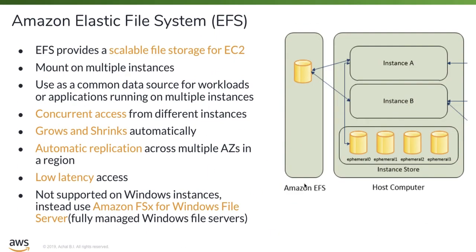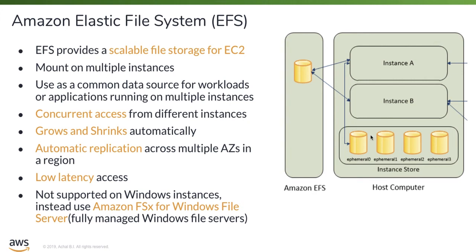So let's understand what Elastic File System is. Elastic File System is a scalable file storage for EC2. What it means is, whatever the load is, the scalability is fully managed by AWS. You can mount this Elastic File System to many instances, right?